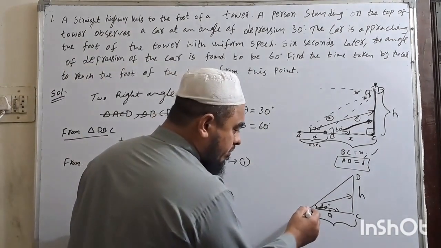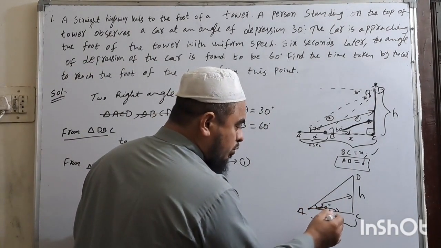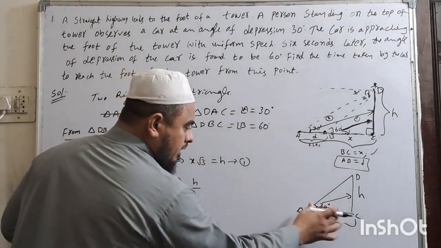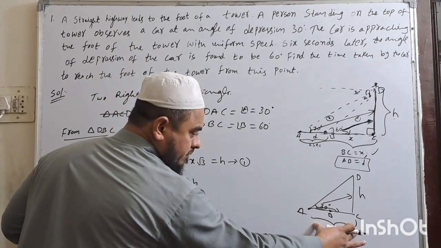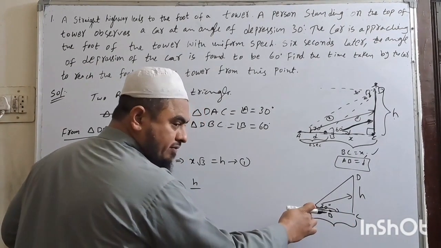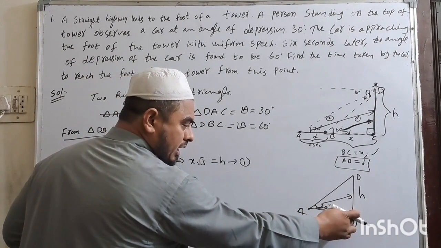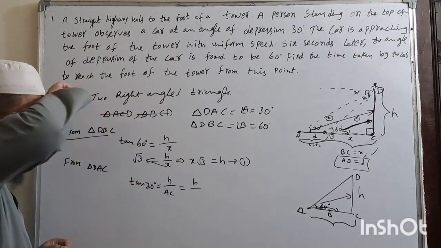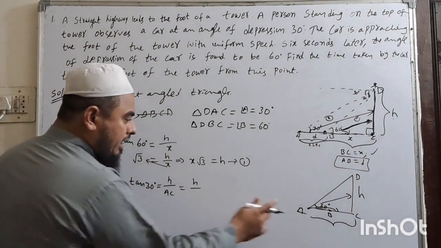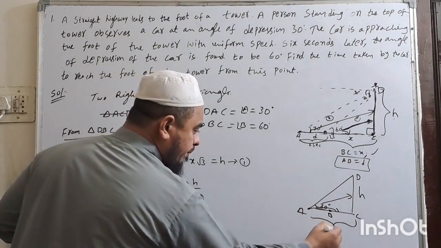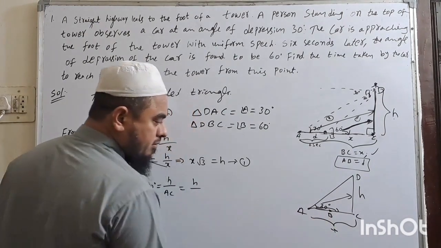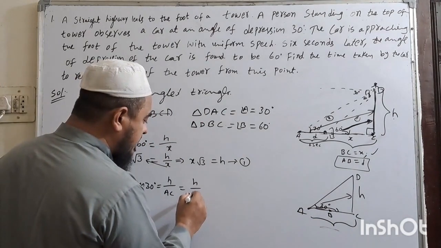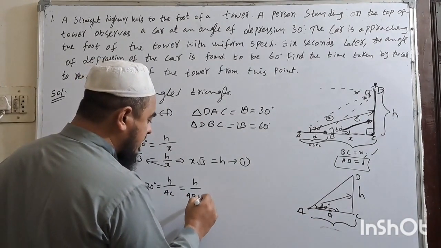AC is the sum of the distance from A to B and B to C. AC is this total distance, from the first position of the car to the bottom of the tower, and it is the adjacent side to the 30 degrees. We can write AC as AB plus BC.